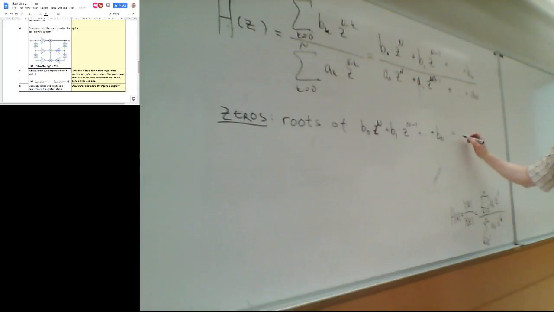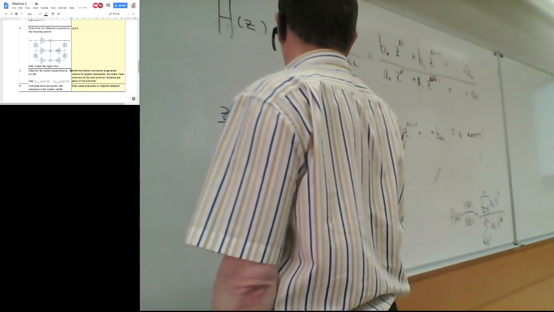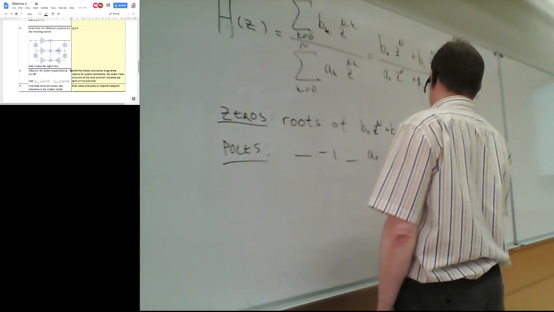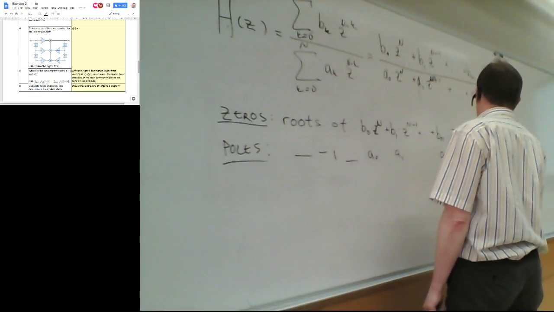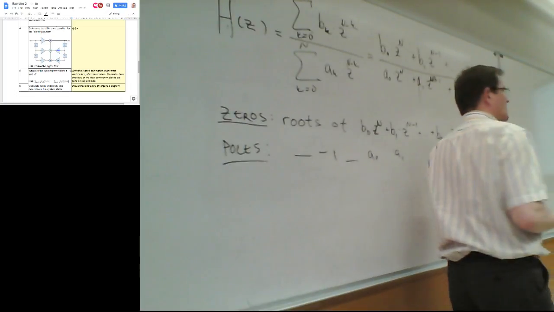And that actually has how many roots? Exactly N. So these are complex numbers. So N roots. Good. And poles, same thing, but with the a0 and so on. And that also has N roots. Okay.